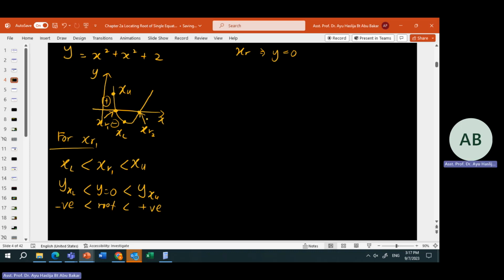So for XR2, you will have another XU over here. So for XR2, the limit is between XU2 and XL. Okay, understand the concept now? The XR is when Y equals 0.